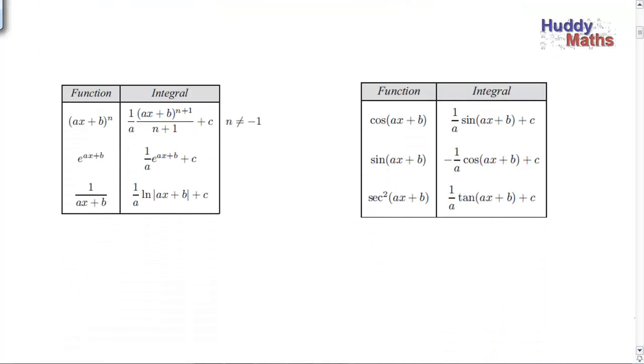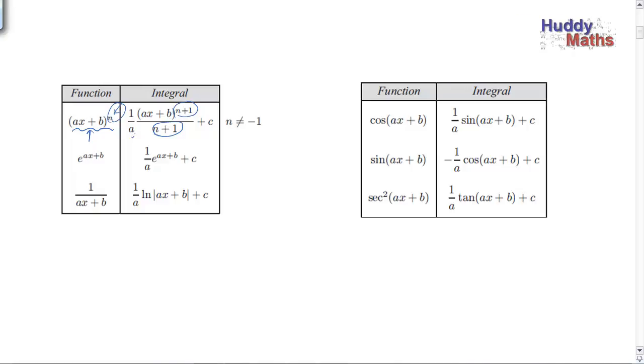So here we are. If you look at the function (ax plus b) to the n, it's a function of a function in x. So first of all, let's deal with the n. Increase the power by 1, divide by the new power. This is reversing a function of a function rule where you have a linear function in the second place.